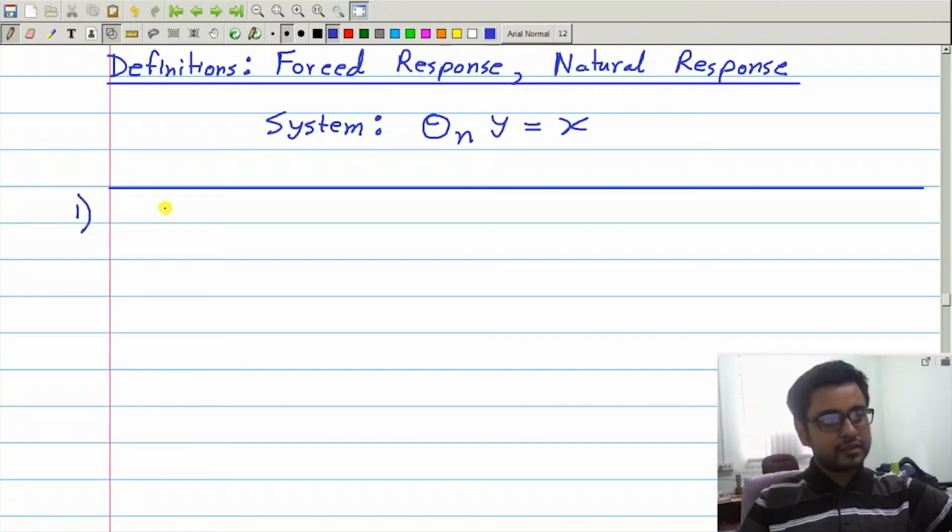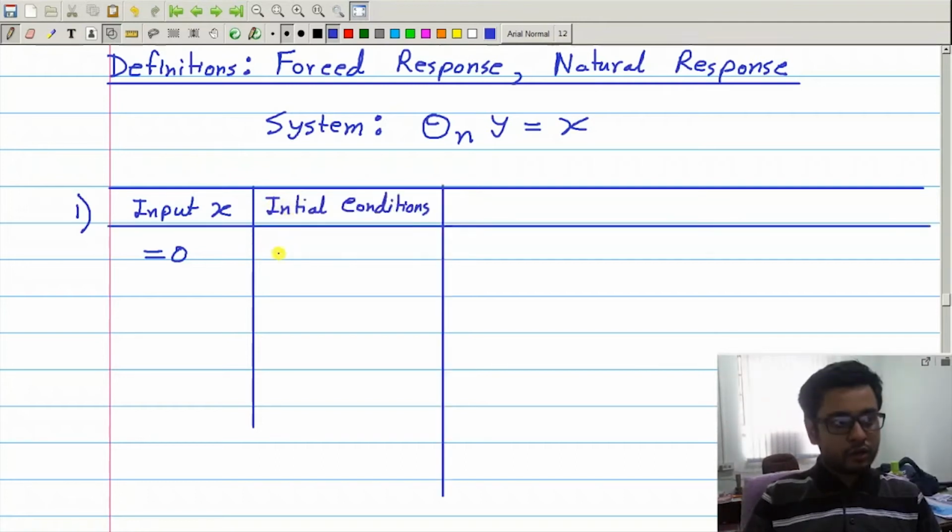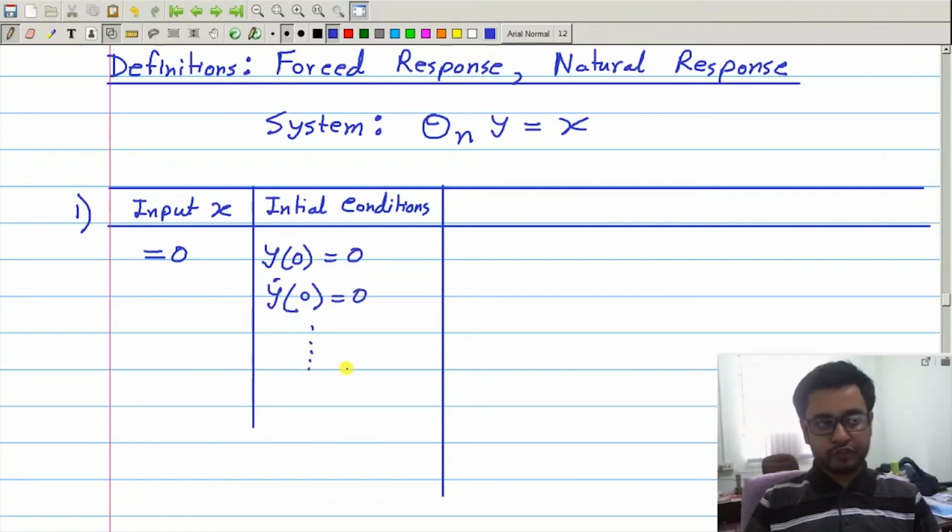Number 1, when the input x is equal to 0 and also the initial conditions are all 0, y(0) equal to 0, y dot(0) equal to 0 and so on, all of them 0.